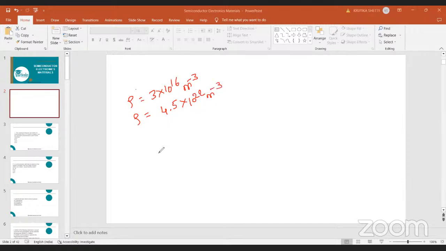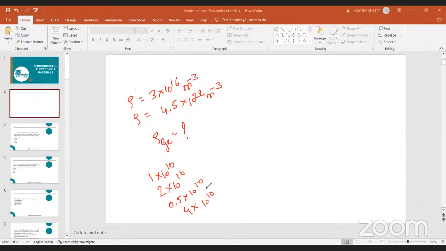Now the electron density in doped germanium will be? Options are 1 into 10 to the power of 10, 2 into 10 to the power of 10, 0.5 into 10 to the power of 10. Option D is 4 into 10 to the power of 10.